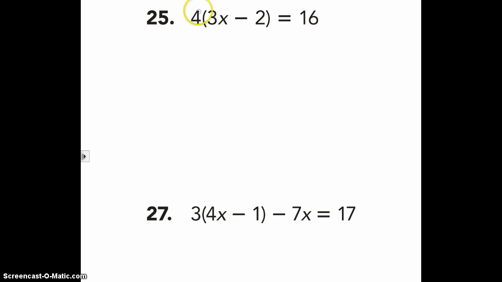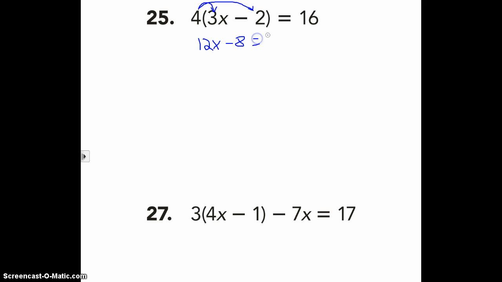With the distributive property, you can take this outside number, and we call this expanding when we multiply the outside number by all of the terms on the inside. So we'll start with 4 times 3x, which is 12x, and 4 times negative 2, which is negative 8.